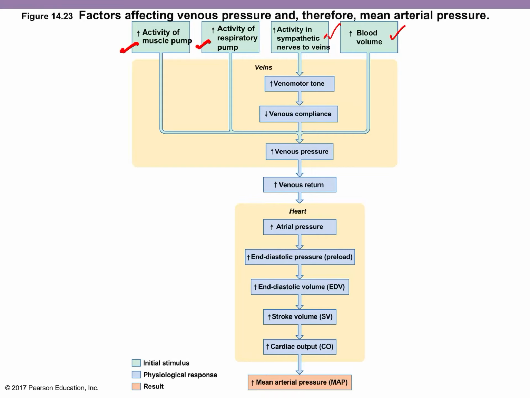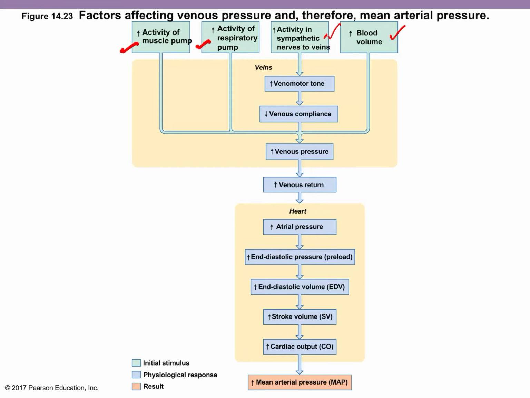And so in response to the sympathetic nervous system, it's going to kick out norepinephrine. It's going to act on those alpha adrenergic receptors. It's going to cause constriction. It's going to increase that venous pressure, and it's going to decrease compliance. So the veins are not going to be as elastic, right?